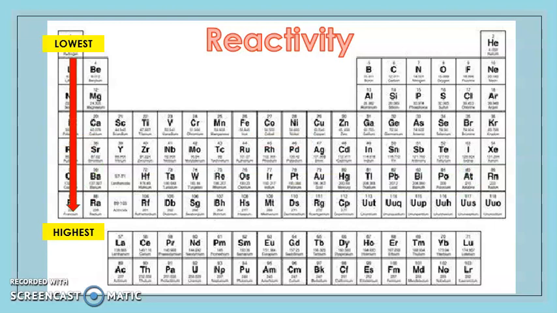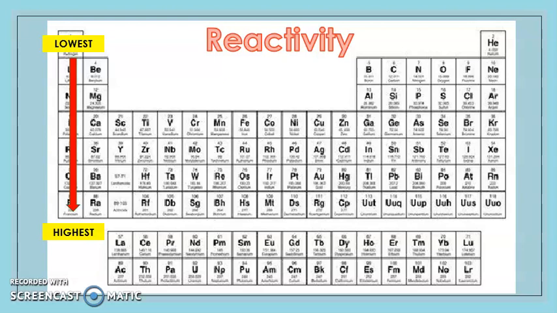Now, in the alkali metals, the element that has the lowest reactivity tends to be at the top of the family, and the element that tends to have the highest reactivity is at the bottom. So in this family, the most reactive element would be francium. Interesting.